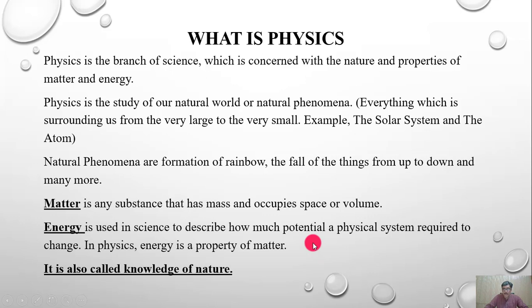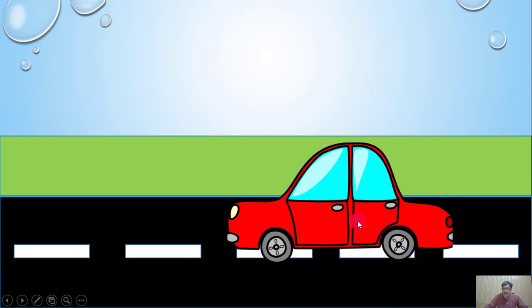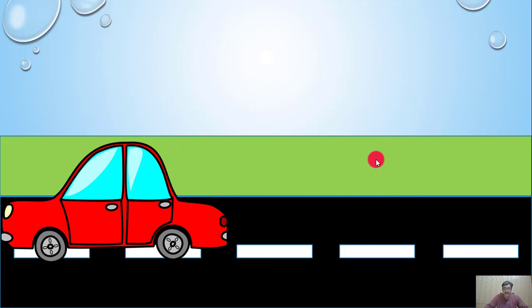See here one example related to matter and energy. Here I have a car. It has some mass. It is occupying some space. It is matter. And to move this car, so that its state is changed from rest to motion, I need some energy. So this is all about physics.